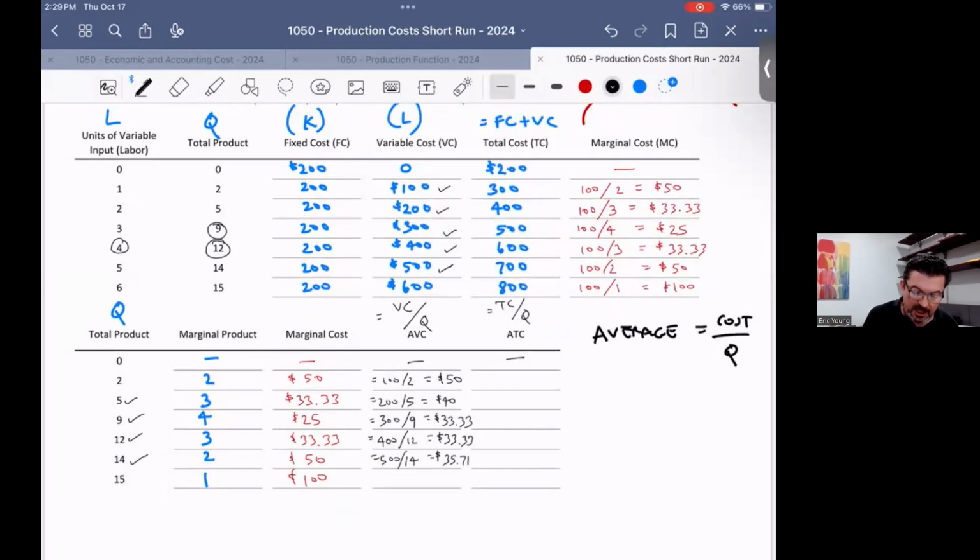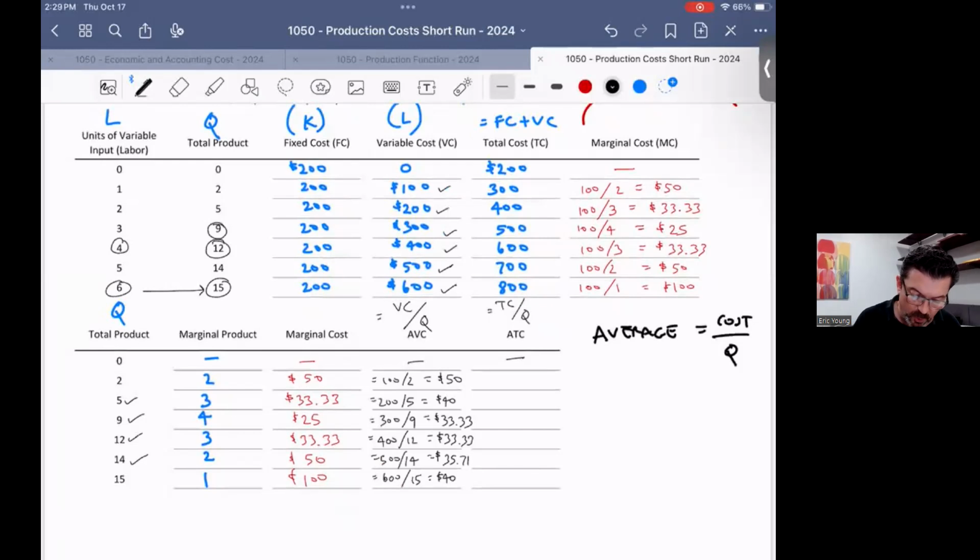And finally, if we hire 6 workers, we're going to have 15 pizzas, a variable cost of 600. So average variable cost is 600 divided by 15 equals 40.